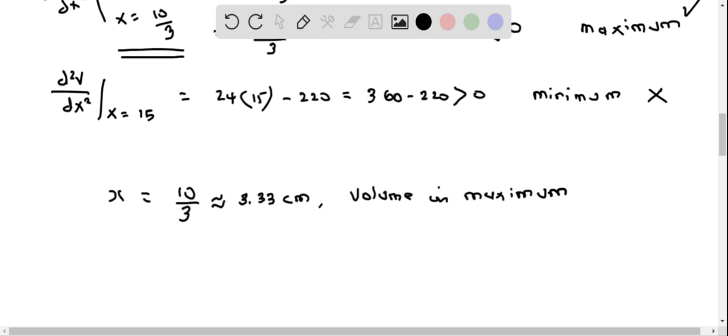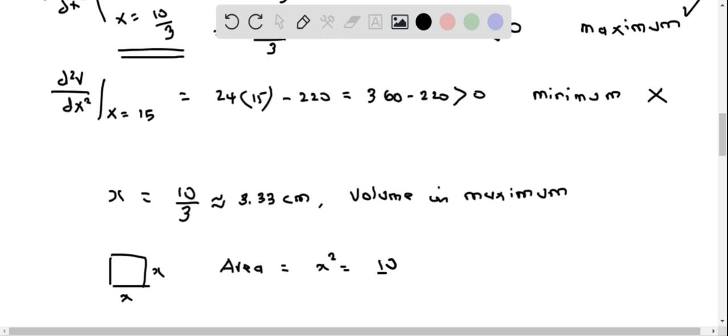So we can find the area of the square that we are going to cut. So this is the x and x. So when x equals 10 by 3, the area of the square is going to be x times x, which is x squared.